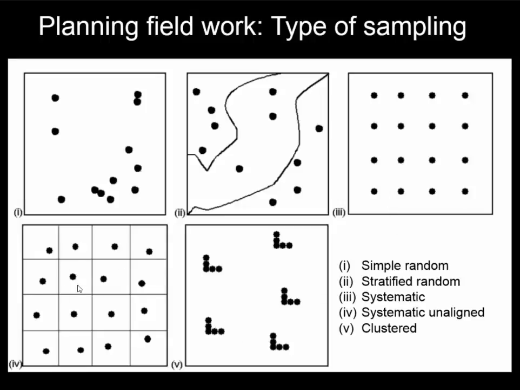The fourth type of sampling is a systematic and aligned pattern that uses a grid, as in the systematic method described above, but assigns the position of each point randomly within the grid cell. In this way, a degree of randomness is maintained within the constraint of a grid cell, but the grid assures that all parts of the project area will be sampled.